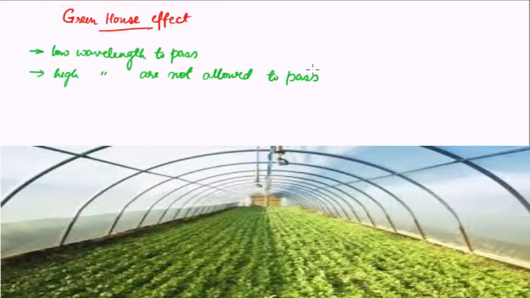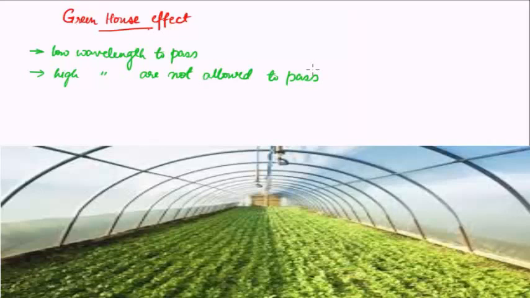Let us think about it for a moment. Low wavelength light is coming in, and high wavelength light, which is being radiated by the bodies inside the glass house, is not allowed to go out. This will result in heating up inside the glass house, right?